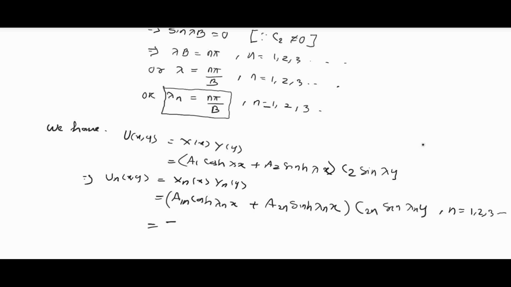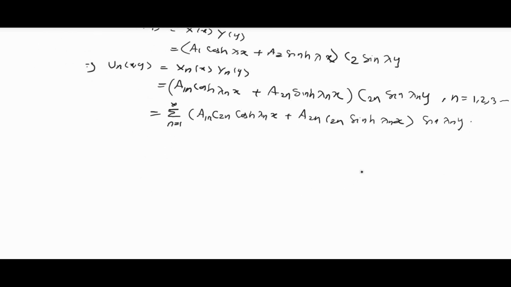So summation, n is equal to 1 to infinity, of a1n, and this c2n also will be multiplied here: c2n cosh lambda n x plus a2n c2n sinh lambda n x, whole into sin of lambda n y, is equal to nothing. No need to write n is equal to 1, 2, 3 because we have already mentioned that in the form of a summation.